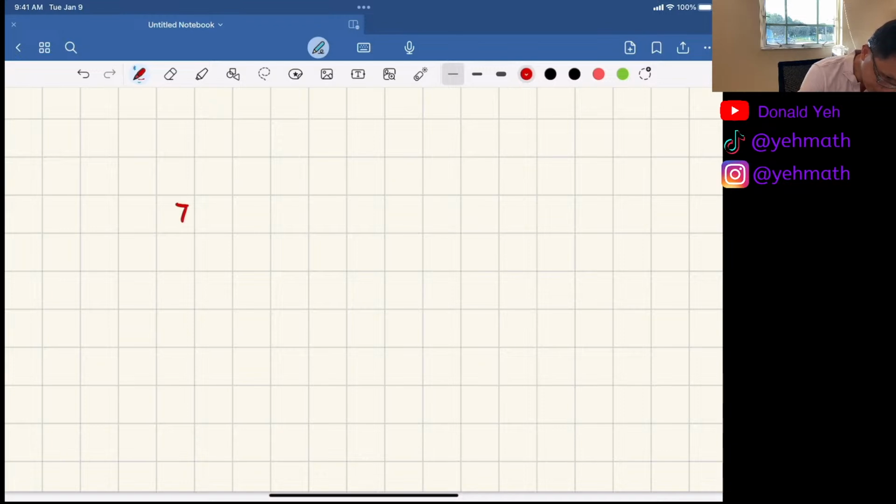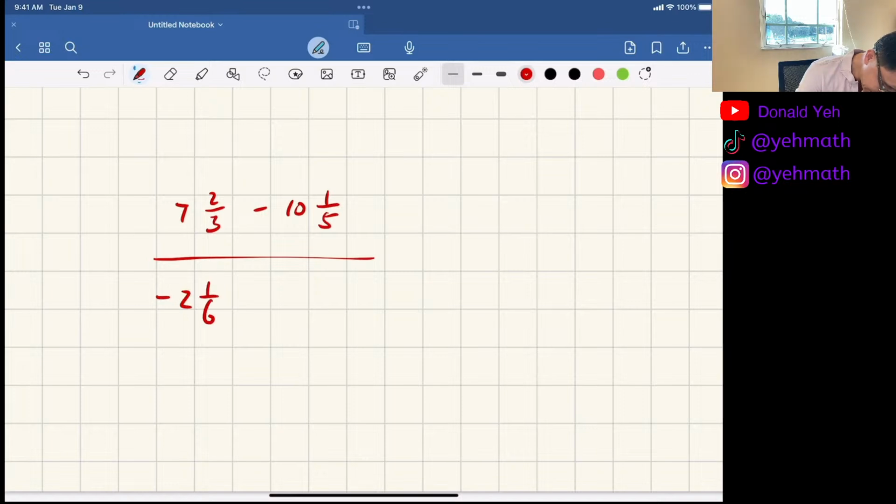Let's just do 7 and 2/3 minus 10 and 1/5, all over negative 2 and 1/6 minus 1 and 1/4. So I don't know what the answer is going to be. You guys are going to check each other with the answers.